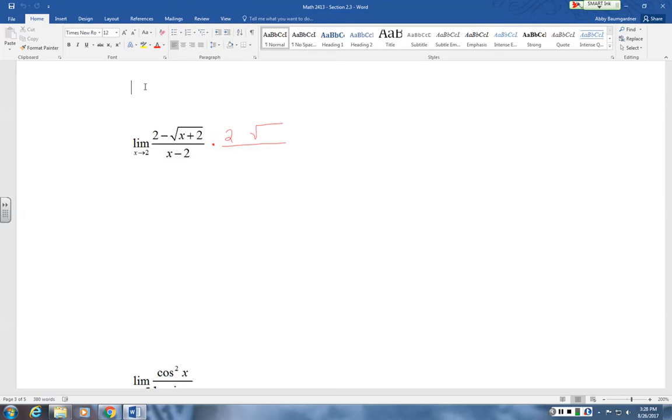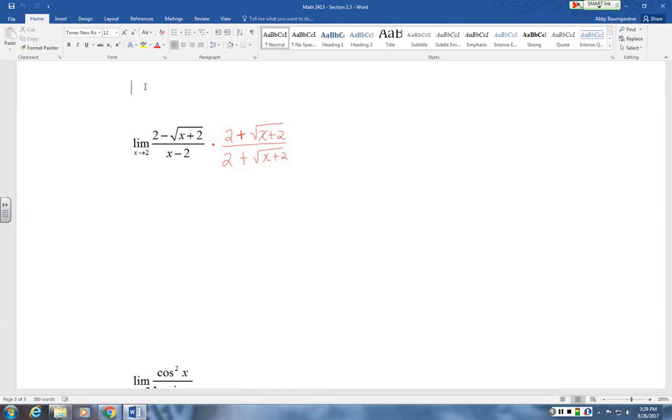So it's going to be a 2 and a square root of x plus 2, but instead of that sign being a minus sign, we're going to write it as a positive. And what we're doing here is we're taking into account that when we multiply these out, we're going to end up with the same terms, only one of them. Okay, when we multiply this out, we're going to have 4 terms. 2 of them will be exactly the same except oppositely signed.